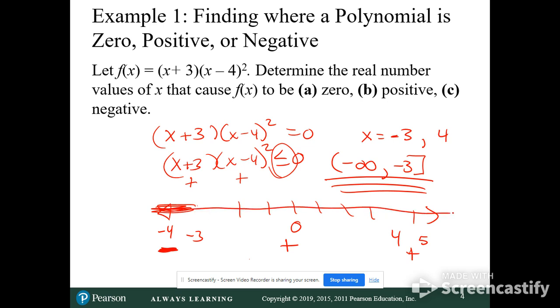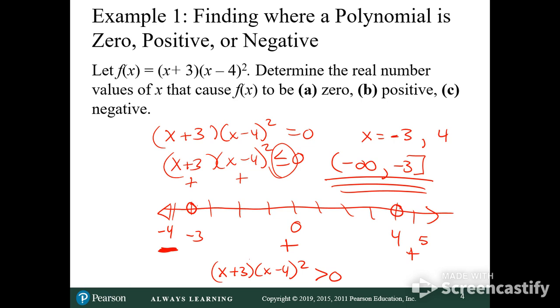Here's my number line. Get rid of this for a second. All right. So let's say we were told that x plus 3 times x minus 4 squared is greater than 0. Then we'd have open circles here and here at -3 and 4.